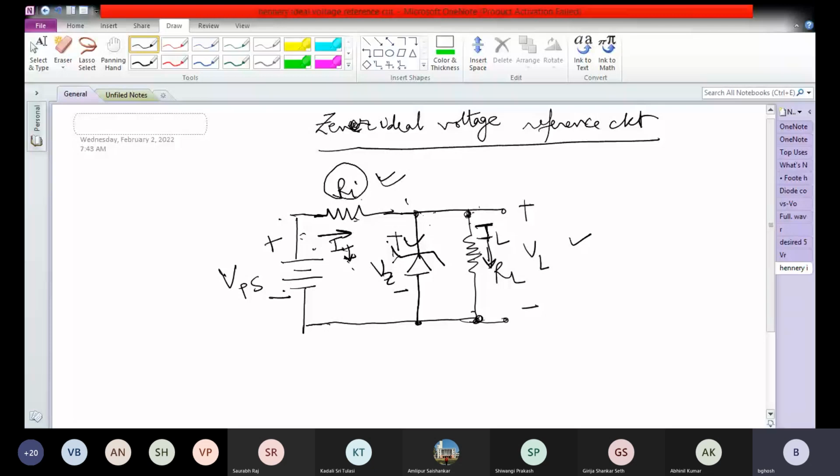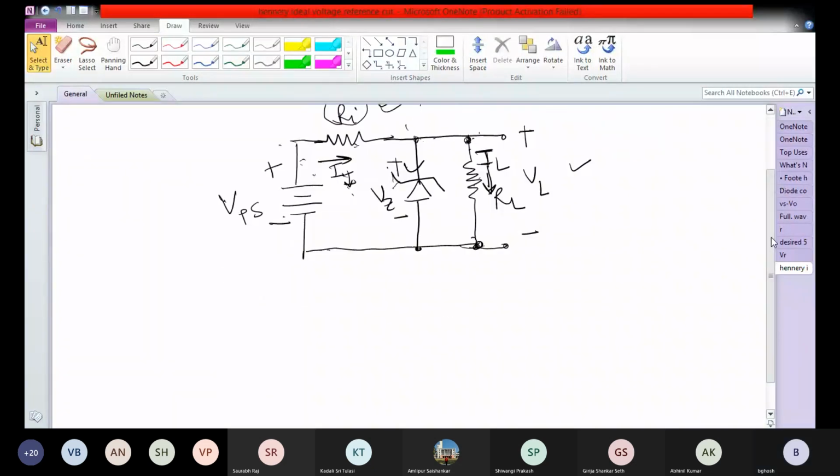So initially we can write Ri as VPS minus Vz by Ii, and that is Vps. What is Ii?